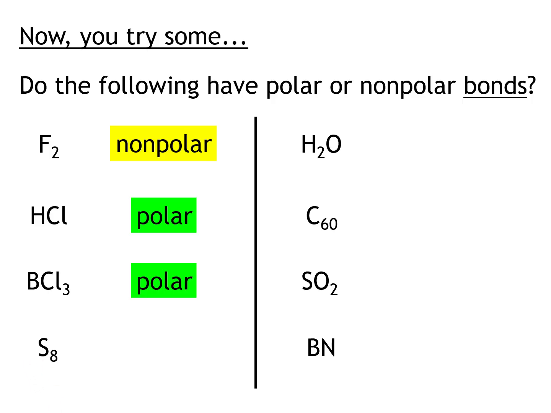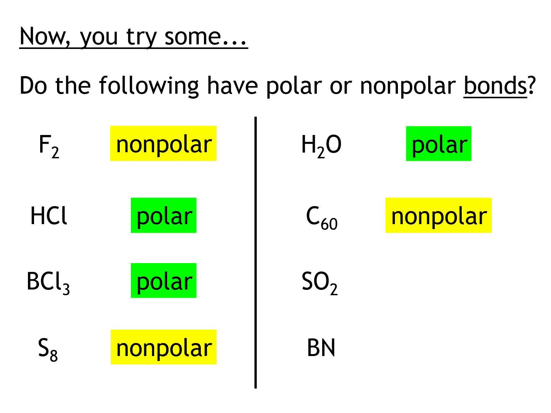So they're all the same though, so it's going to be nonpolar. H2O, polar. C60, the buckyball, they're all the same things though, so it's going to be nonpolar. SO2, they're different, so it is polar. And then boron mononitride would be polar.